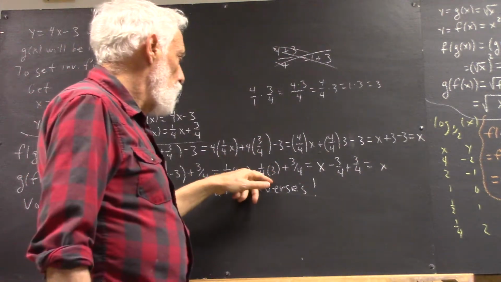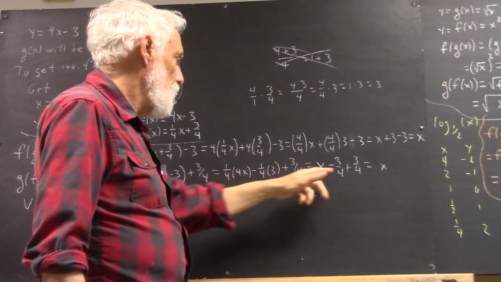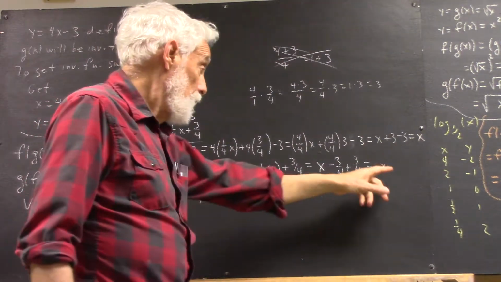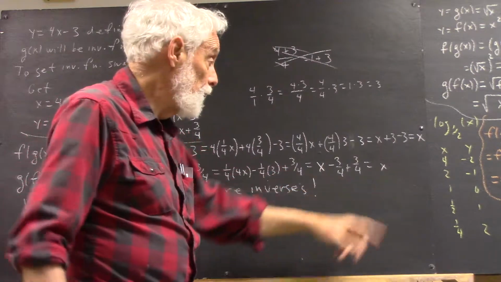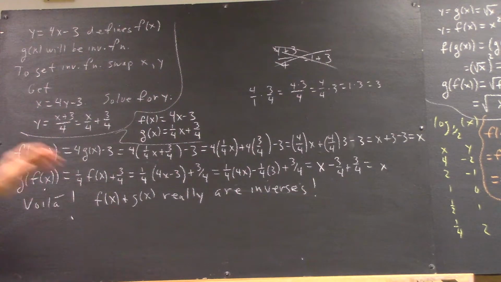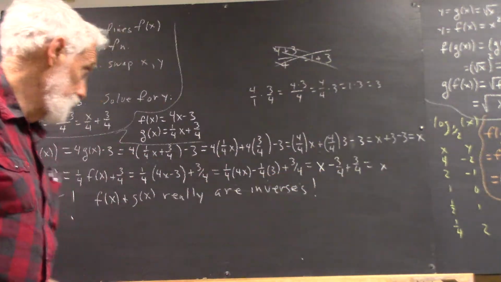And 1/4 of 3 is 3/4, so it's going to be a minus 3/4, and then a plus 3/4. And that gives us, all that's left is x. So, voila! F of x and g of x really are inverses.